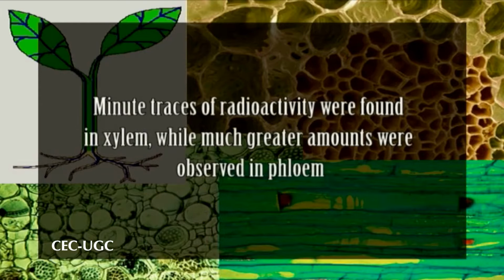After short periods, the xylem and the phloem tissues were analyzed. Only minute traces of radioactivity were found in xylem and much greater amounts were found in phloem. Also, the use of C14 radioisotope showed that sugars made in photosynthetic processes are translocated through the phloem sieve elements.